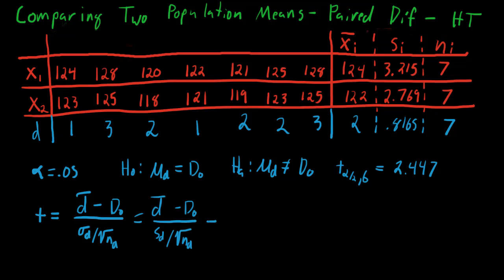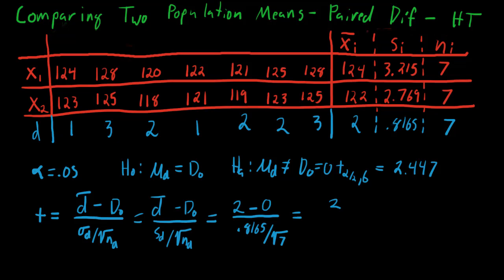We plug in those values, so we get d bar is equal to 2 minus our d naught, and our d naught we're going to set equal to 0, so minus 0 over sd, which is 0.8165, divided by the square root of nd, or the square root of 7.